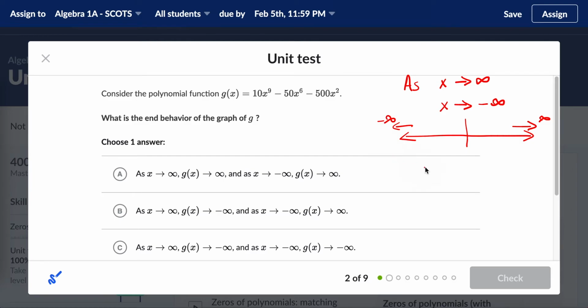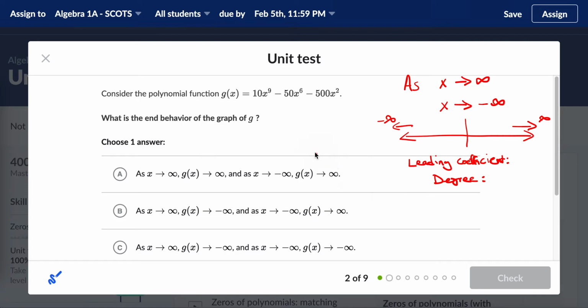We need to look at the leading coefficient, and the degree. We're less concerned with what they actually are than their characteristics.